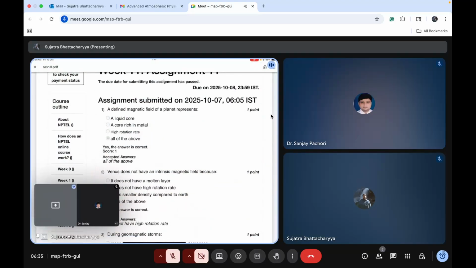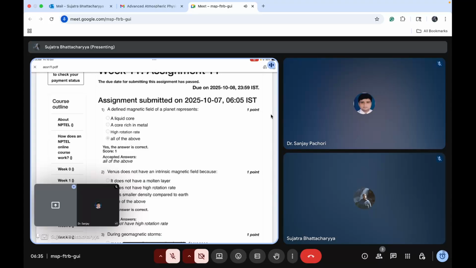Assignment 11 was: a defined magnetic field of a planet represents... I have already written these three points. Whenever a planet or any object has a liquid core, for example our planet Earth, the outer core is fluid, so it has a liquid kind of core, and the core is rich in metal.